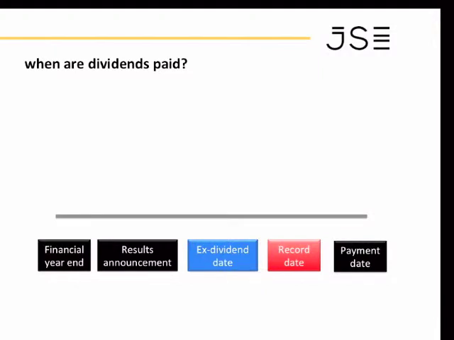So let's look at some dates to try and clarify this. Let's say, for example, a company has a year end in June. So 30th of June is their financial year end. On the 15th of August, they announce their results to say how much profit they've made and whether or not they'll be paying a dividend, and if so, how big that dividend is going to be.